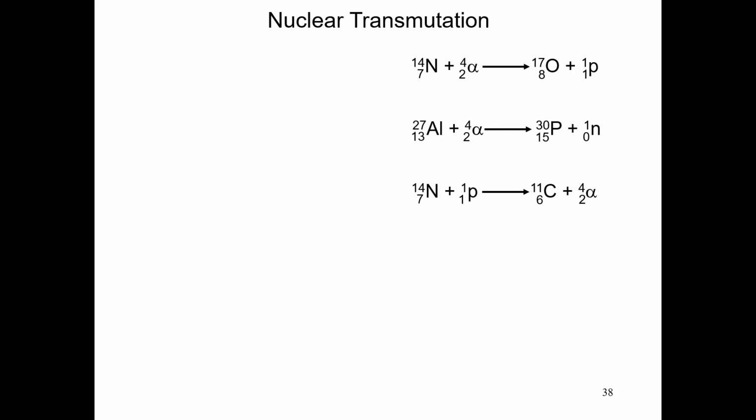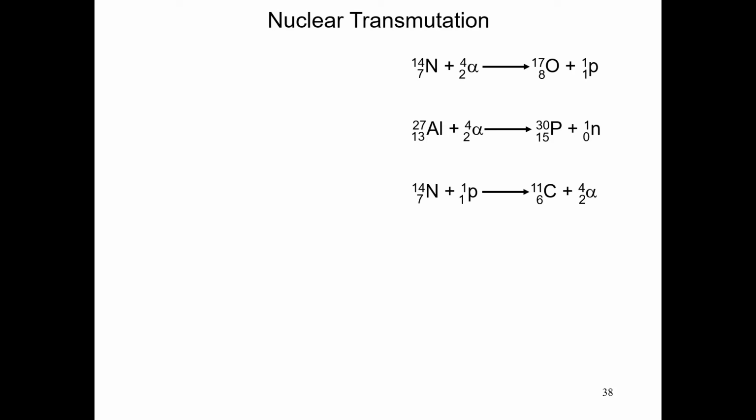And in the process, not only do you create a new element, but you also generate other particles sometimes, protons, neutrons, etc. Now, neutrons don't have a charge, and so they're not going to be repelled easily by the nuclei of the target element. So they don't need to travel at such high speeds.